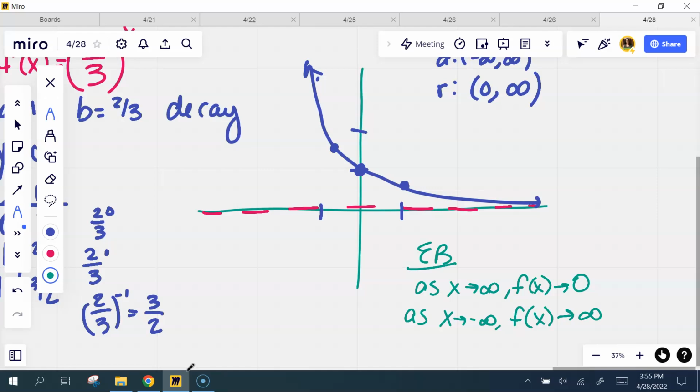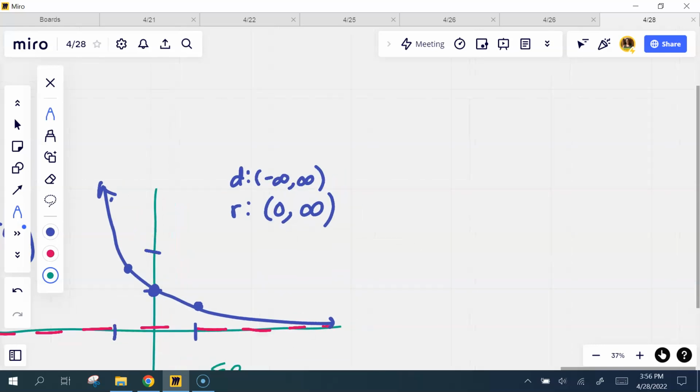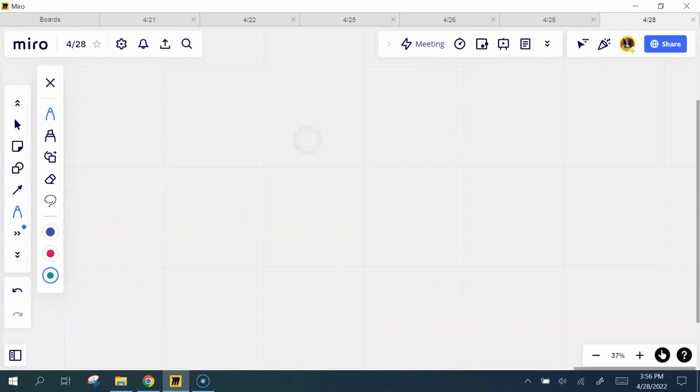So now, if you'll flip over, let's talk about some transformations, because this is really where the rubber meets the road here with exponential functions. So I'm changing here from a form of just a times b to the x to a times b to the x minus h plus k. Now, if you think back to function transformations, this all does exactly the same thing that it did before.